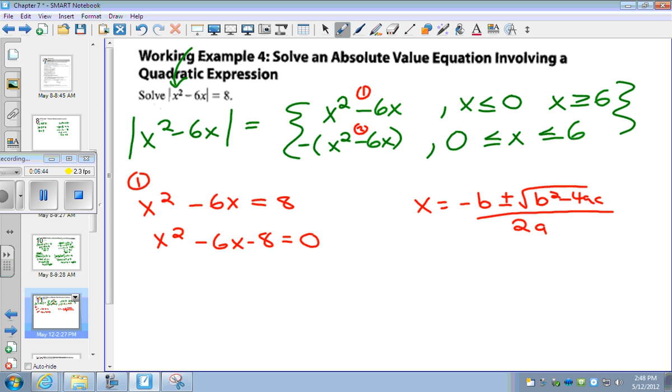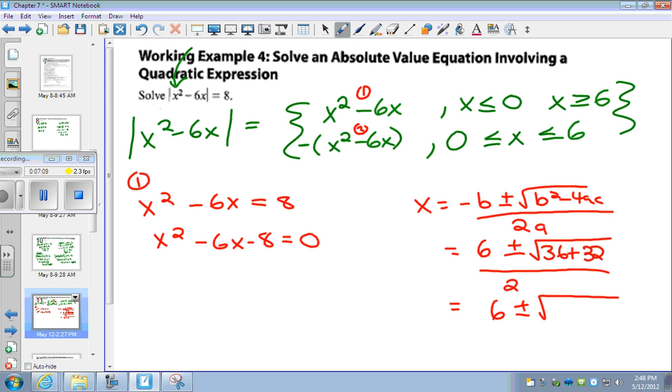Subbing in values, b is negative 6, so negative b is positive 6, plus or minus the square root of 36 minus 4 times 1 times negative 8. 4 times 8 is 32, all over 2 times 1. So I get 6 plus or minus the square root of 68 over 2.